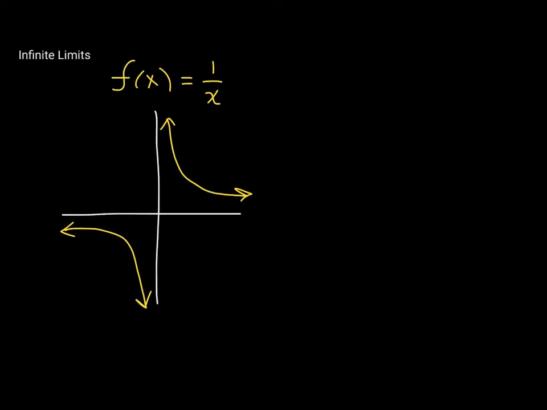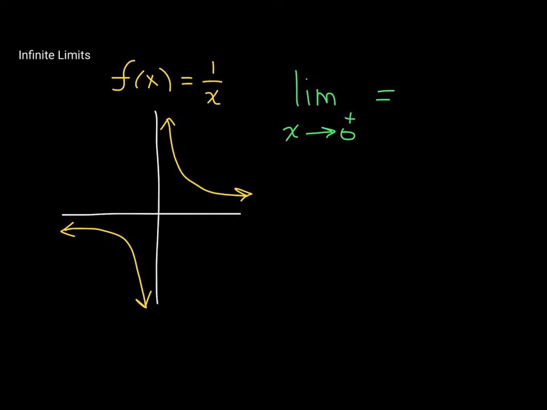We now shift our attention to infinite limits. So I want us to reconsider this function f of x is equal to 1 over x. And I want us to consider what the limit of this function is as x approaches 0, let's say from the right. So let's for now just consider as x values approach 0 from the right.